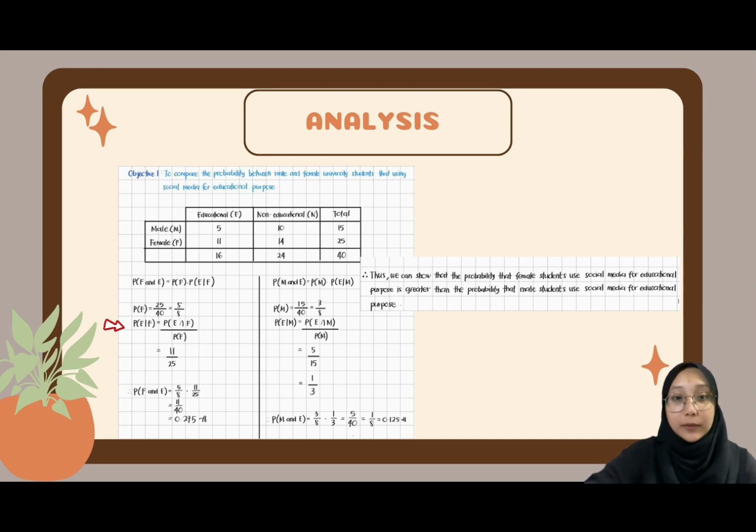Probability of E given F is equal to P(E intersect F) divided by P(F), and the answer is 11 over 25. Next, we need to substitute the value of P(F) equal to 5 over 8 and P(E given F) equal to 11 over 25. Thus, the probability of females and educational purpose is equal to 0.275.